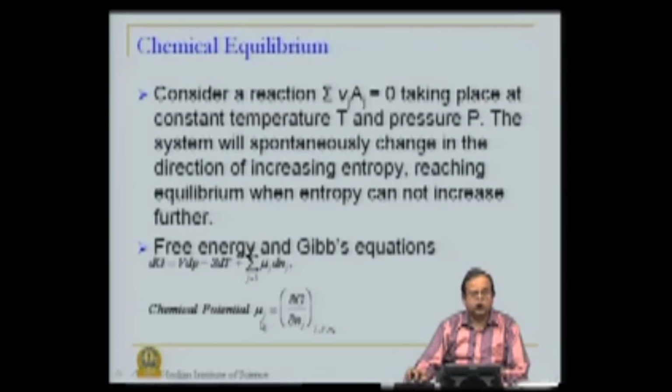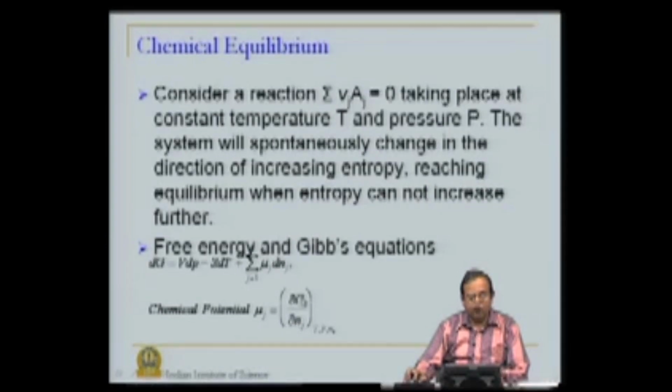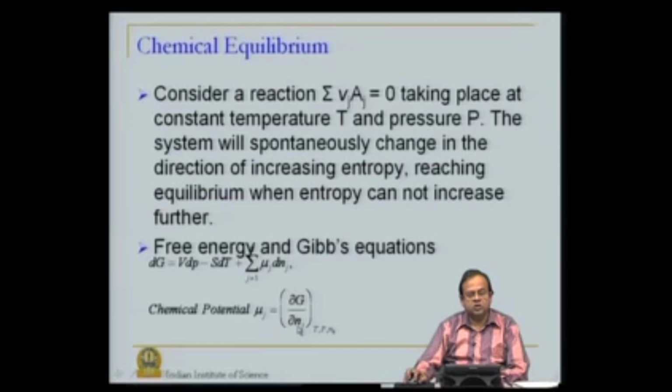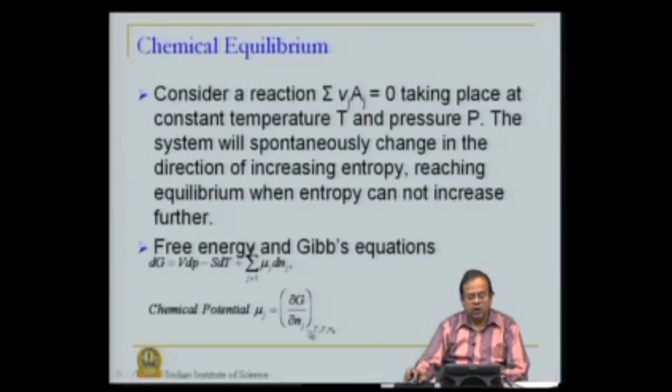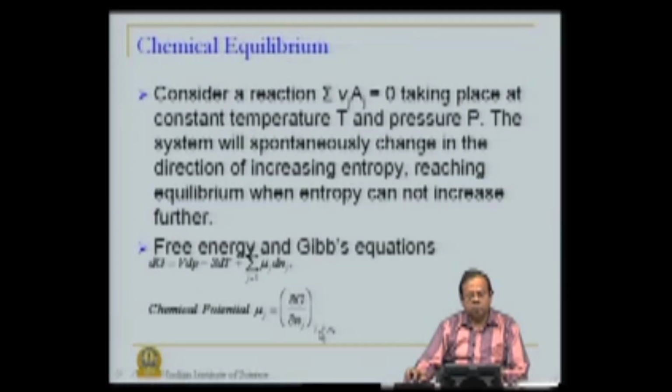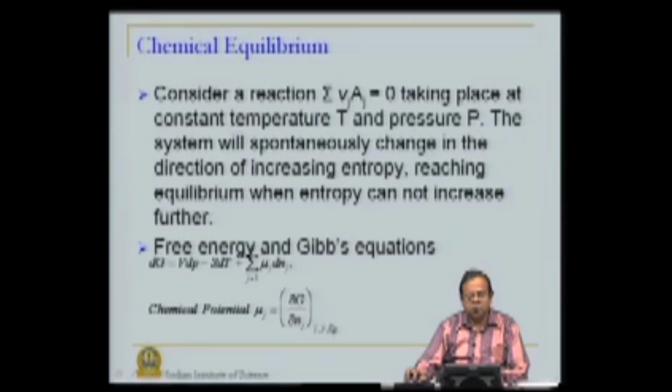Formally, what is the definition of mu j? Mu j is nothing but the partial of free energy with respect to the moles of the species concerned, Nj. So, del G by del Nj at constant temperature, pressure and composition of all species except j remaining the same.